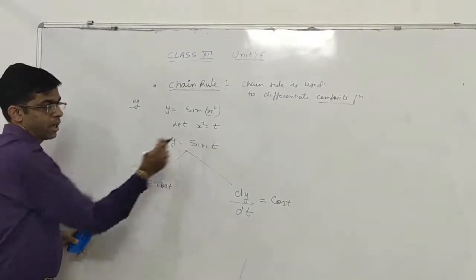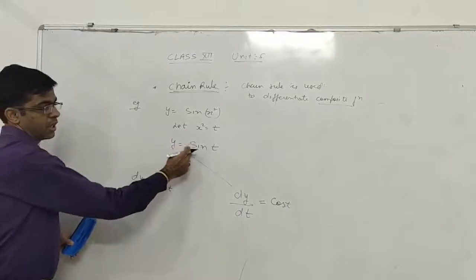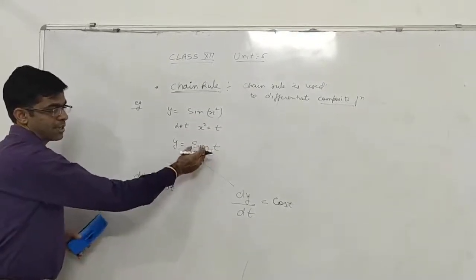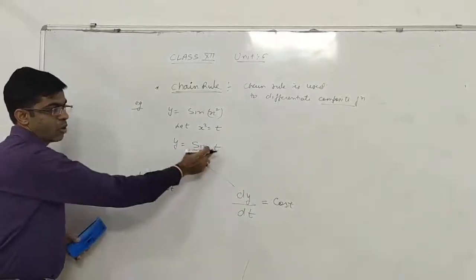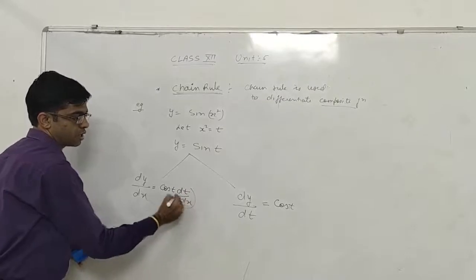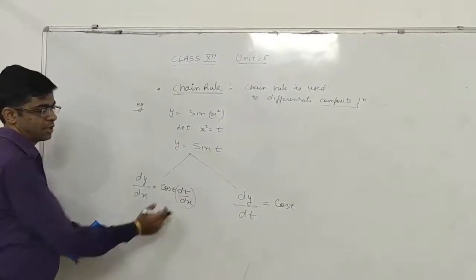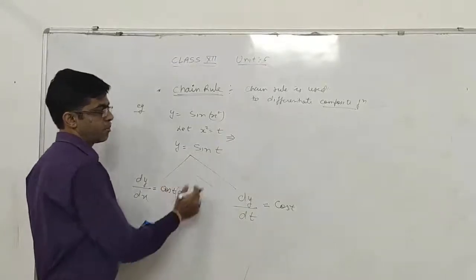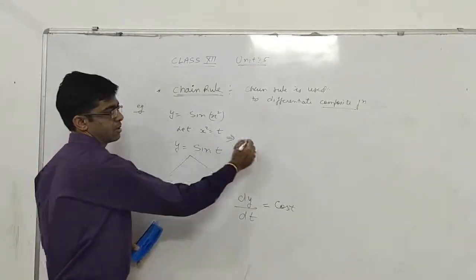Now the problem is here t. We are differentiating this function with respect to x. इसको x के जैसे मानते हुए इसको पहले एक बार कर लिया. Now the problem is t. So we will further do the differentiation of this t with respect to x. dt upon dx value we will find from this.